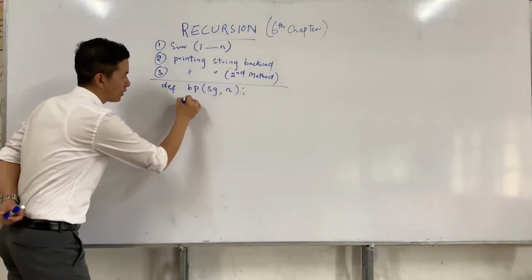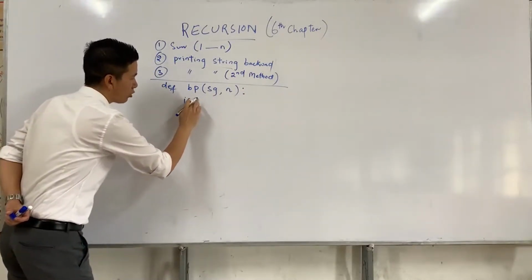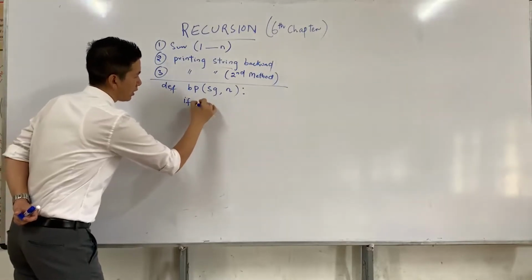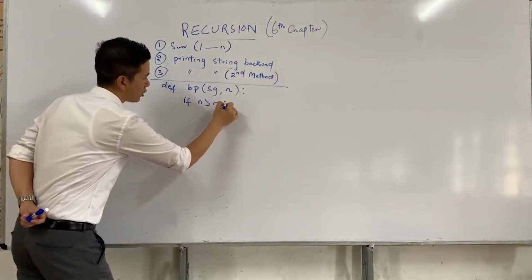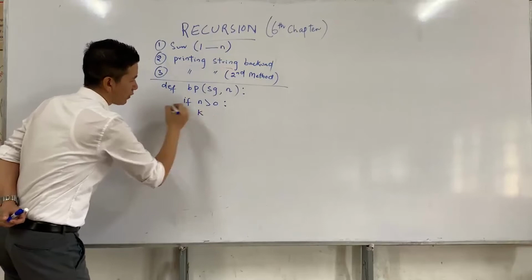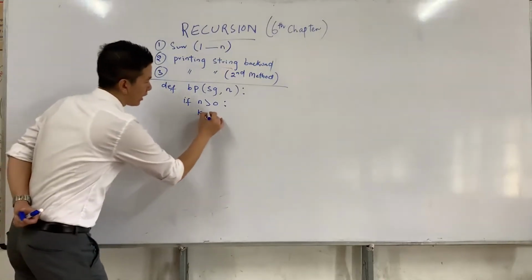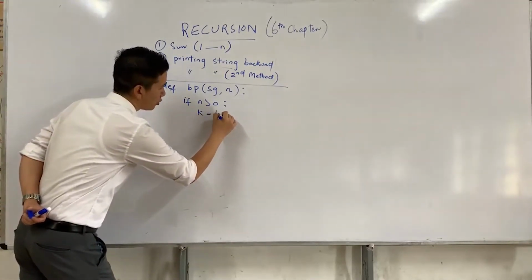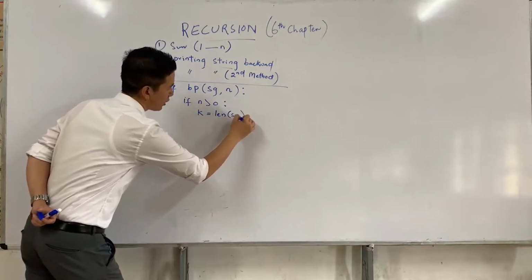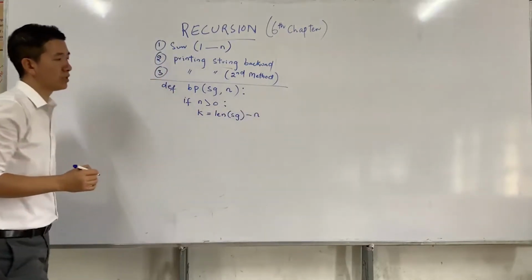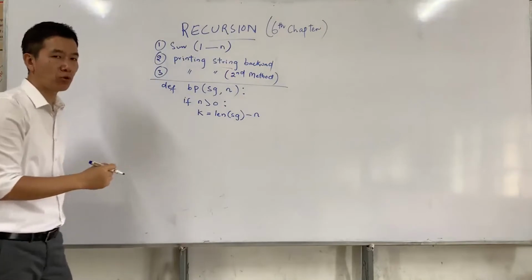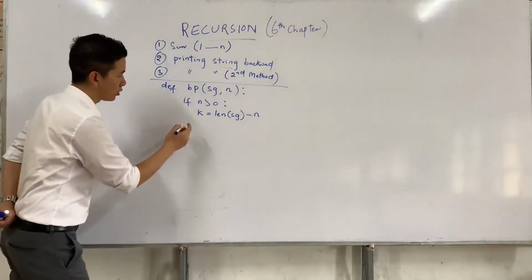So again, we'll have the if: if the value of N is greater than 0, I'll use a variable called K, and K is equal to length of S minus N. Just hold on, just complete the program and then I'll come up with the explanation.